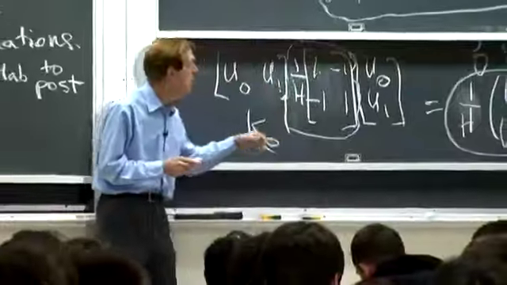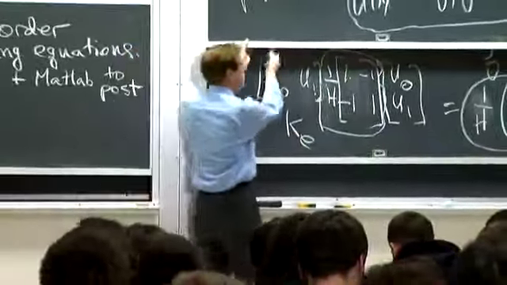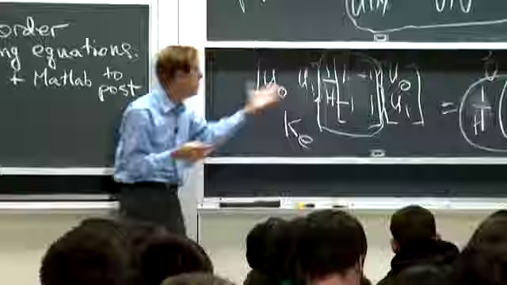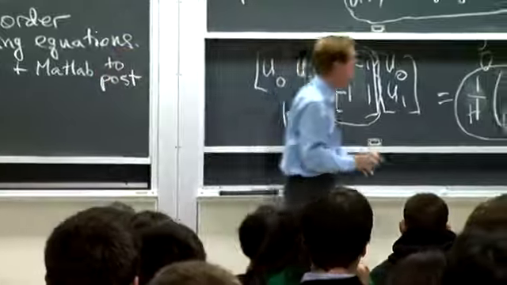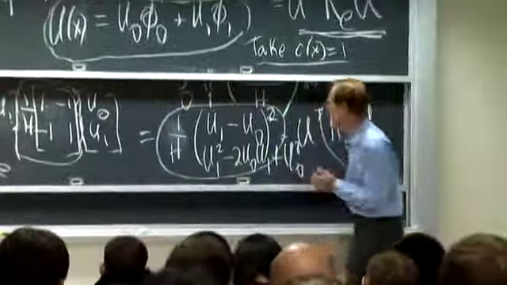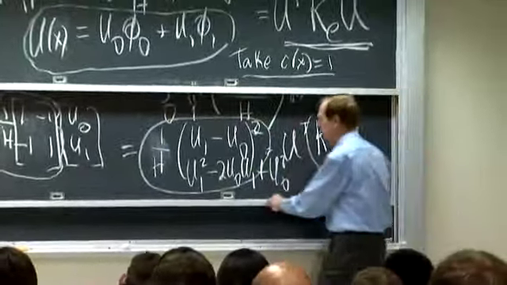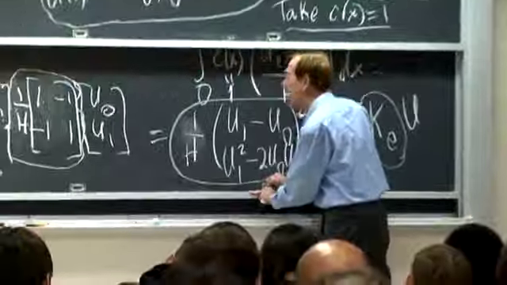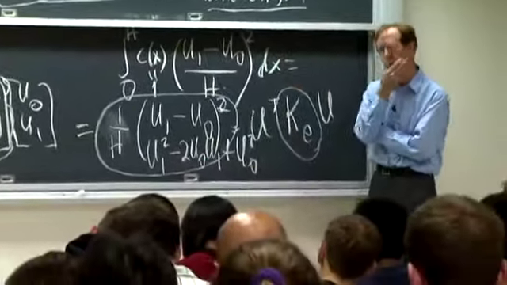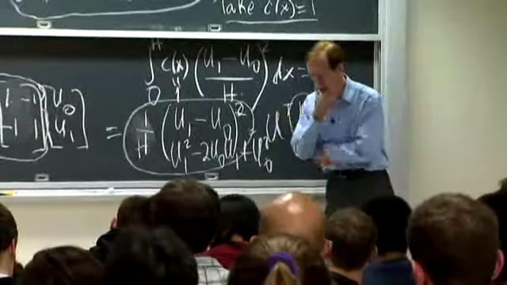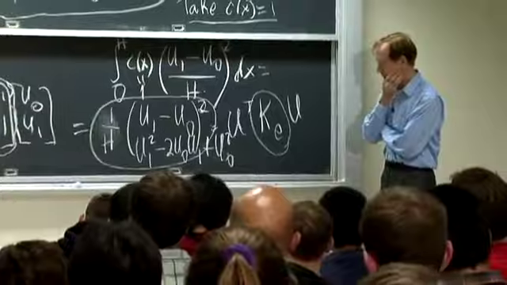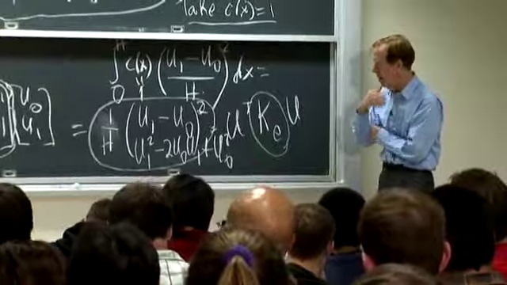Notice how nice that is. It's particularly nice, of course, because I took c of x to be 1. Let me make a comment about, suppose c of x was not 1. What would I do? Suppose I have some variable stiffness in the material.